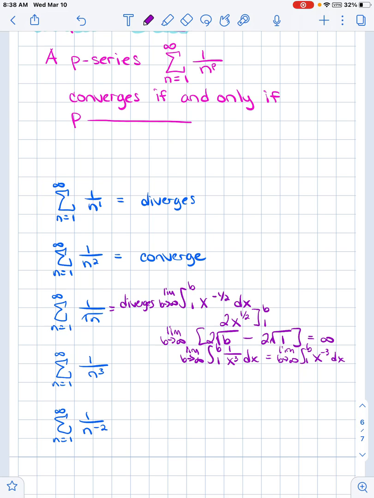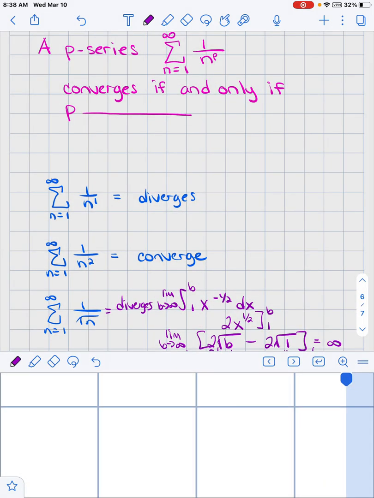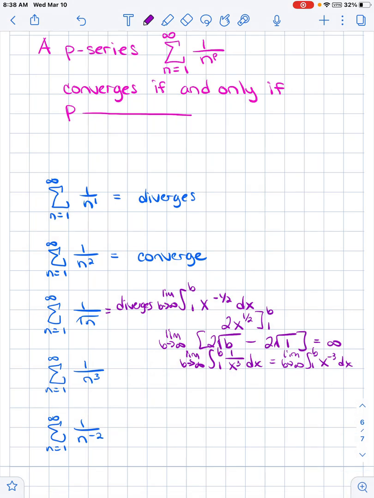Add 1 to that exponent, and that's still a negative exponent. So that's x to the -2. This is then 1 over x squared, up to a constant, is the antiderivative. And I know that if I plug infinity into 1 over x squared, that's going to become 0. So that means this will converge.